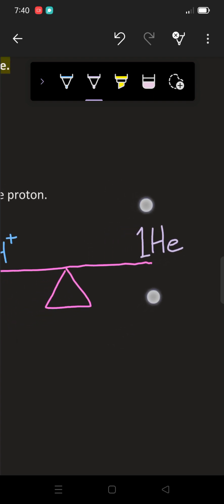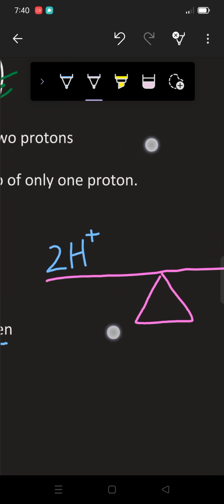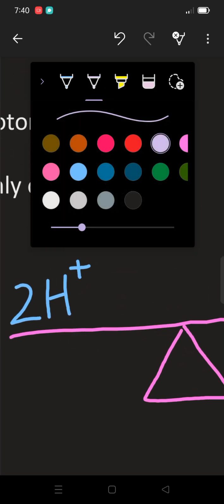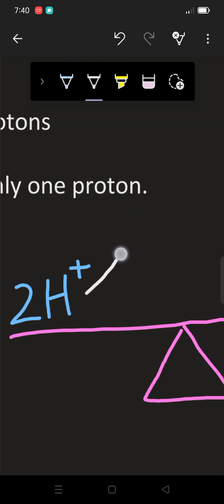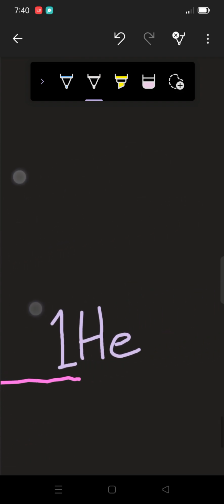And here he has taken one helium atom, because one helium also has two protons. So he has taken two hydrogen atoms and one helium atom. The two hydrogen atoms have two positive charges, two protons, and this has two protons as well.